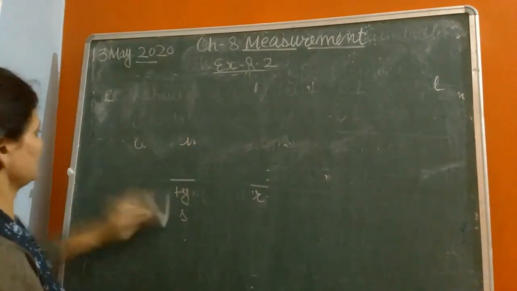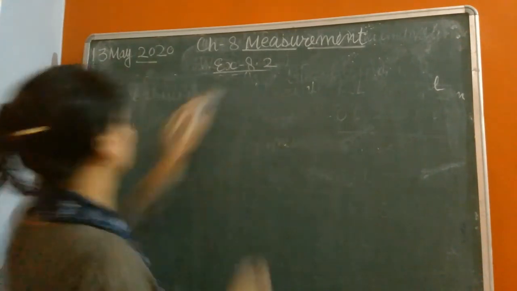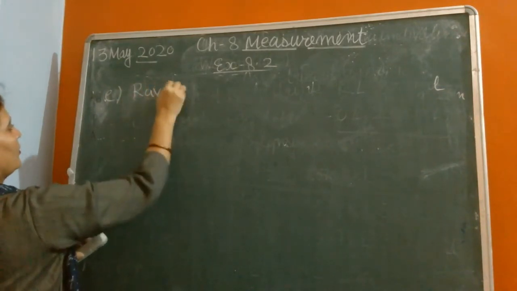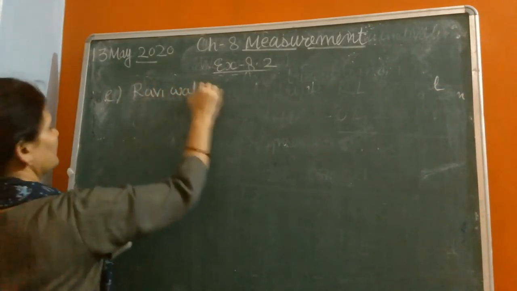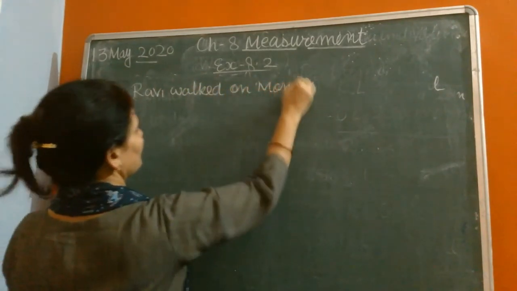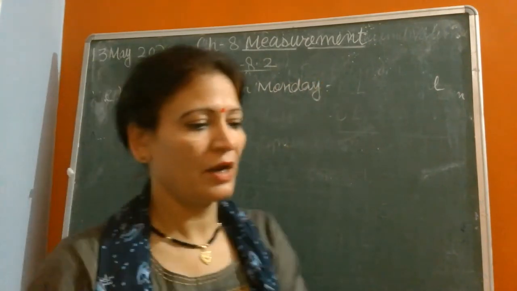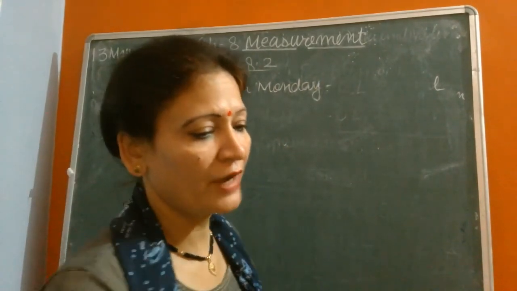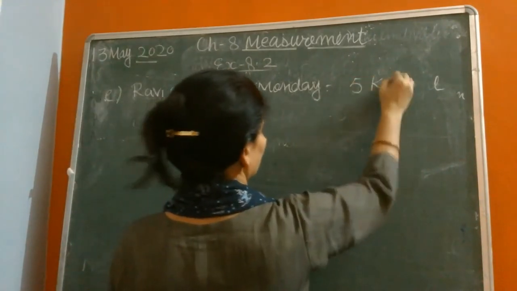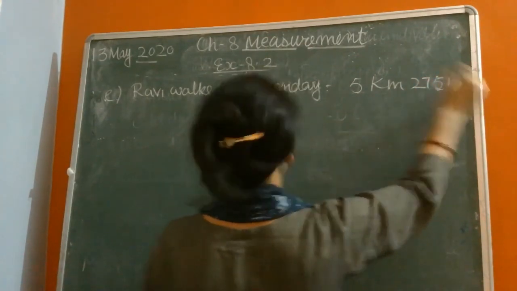Ravi walked on Monday 5 kilometer and 275 meter.